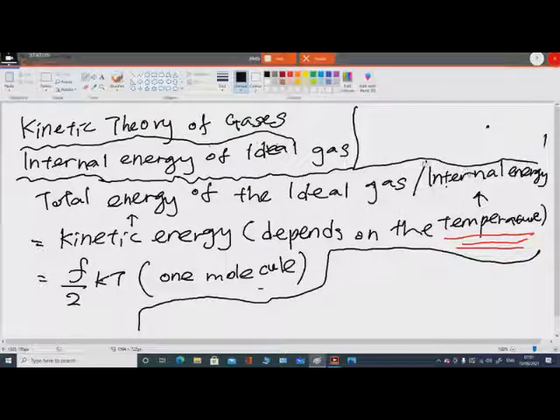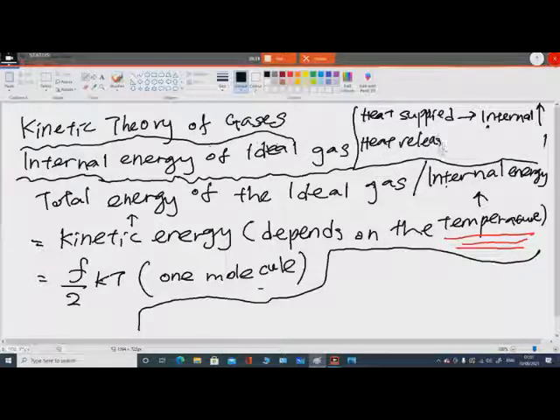If heat is supplied to the system, the internal energy increases. If heat leaves the system, the internal energy of the ideal gas will decrease. So it means that the internal energy depends totally on the temperature.